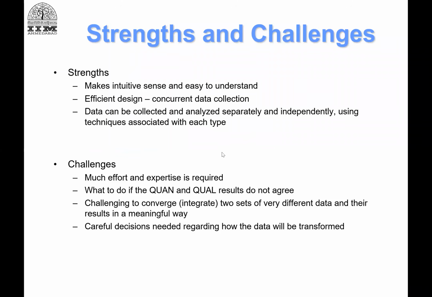It makes intuitive sense and is easy to understand. It is efficient. Data can be analyzed and collected separately using techniques associated with each type, but it takes effort and expertise is required. What to do if quantitative and qualitative results do not agree? Yes, that is a very important point. What if you find out that the two streams actually tell you two different things?